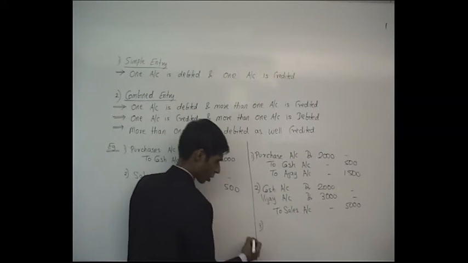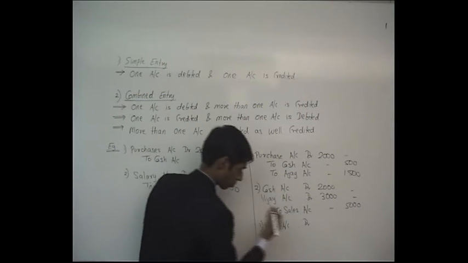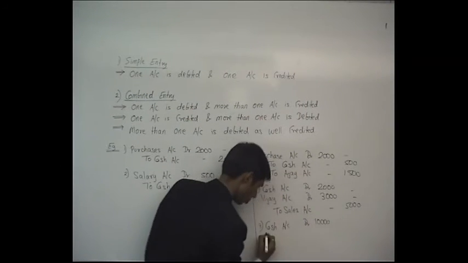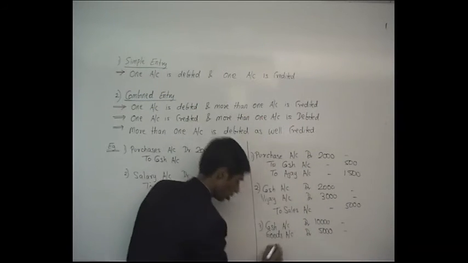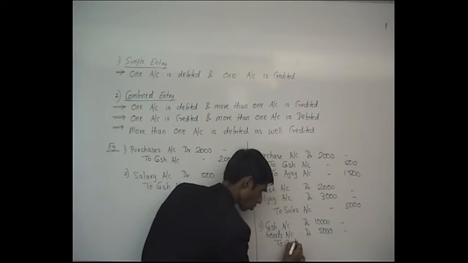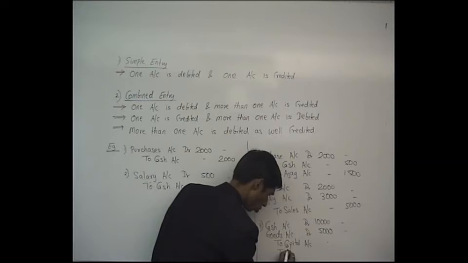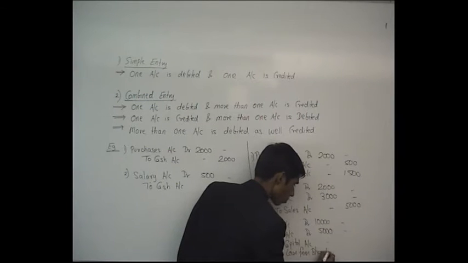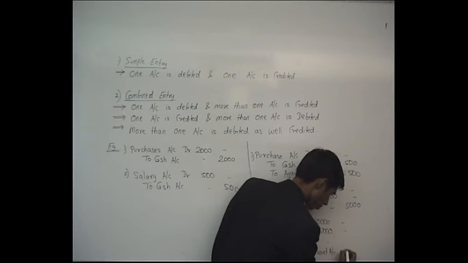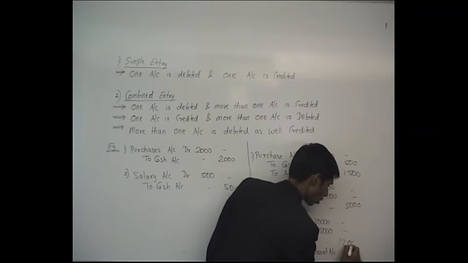Example, that is cash account debit 10,000, goods account debit 5,000, to capital account 2,000, loan from Bharat account, that is 12,000.